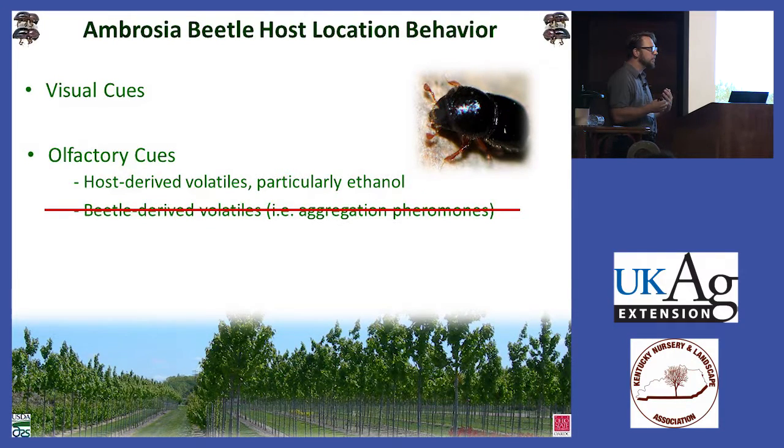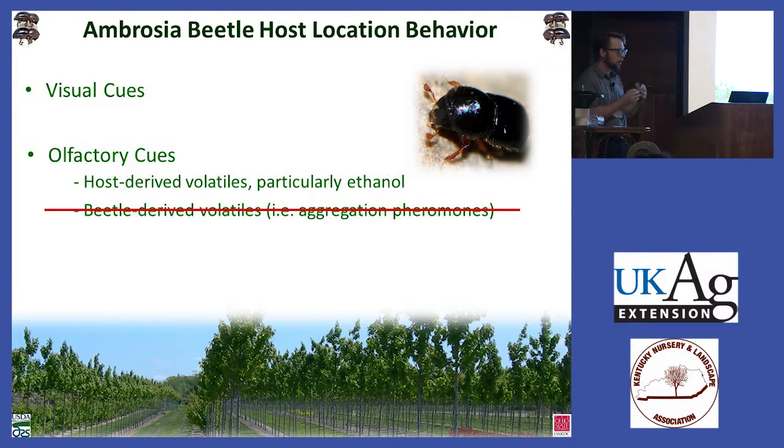So in terms of the host location behavior, what these insects are actually doing to locate a suitable tree. Well, of course, visual cues play a role. The actual silhouette of a tree is important, but olfactory cues are even more important. And the olfactory cues, essentially the aroma of the tree, can really be divided into two categories.